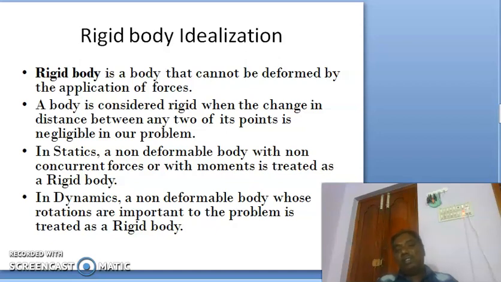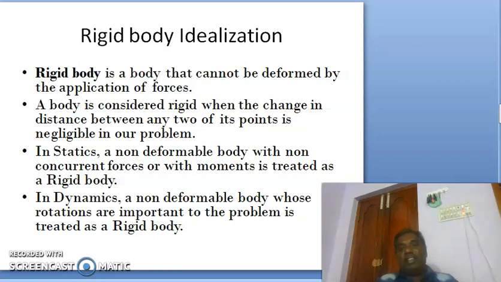Basically, rigidity is the property which resists deformation. So a body is considered rigid when the change in distance between any two of its points is negligible in our problem. That is what we could call practically a rigid body.